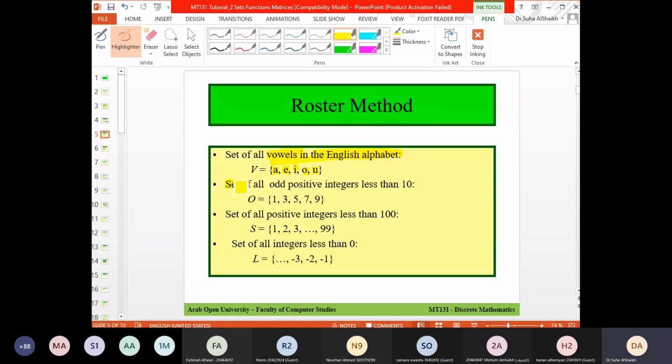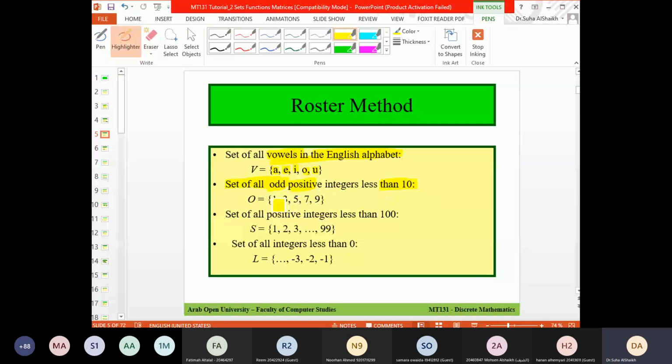If I told you the set of all odd, positive, integers less than 10, إيش يعني odd? What does it mean odd? فردي. إيش يعني positive؟ موجب. إيش يعني less than 10؟ يعني أقل من 10.